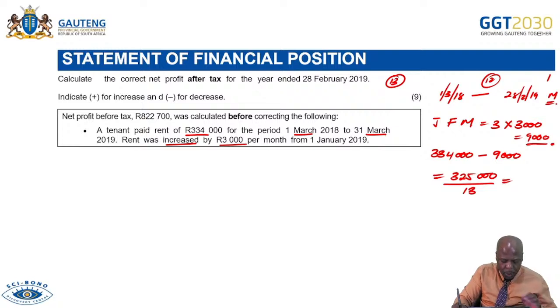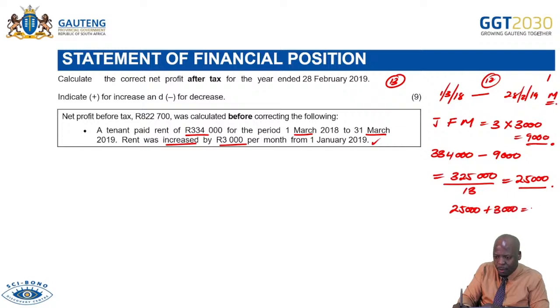Okay, I get 25,000. This becomes your rent before the increase. But the month of March is after the increase because it increased on the 1st of January. So I'll now say 25,000 plus the 3,000 of increase, that will give you 28,000. The 28,000 is what becomes the rent income received in advance.